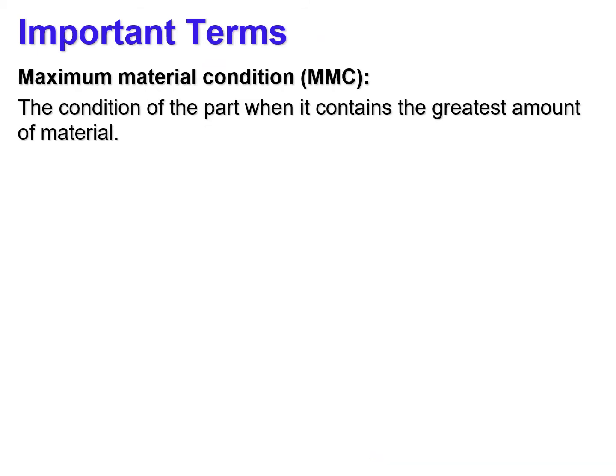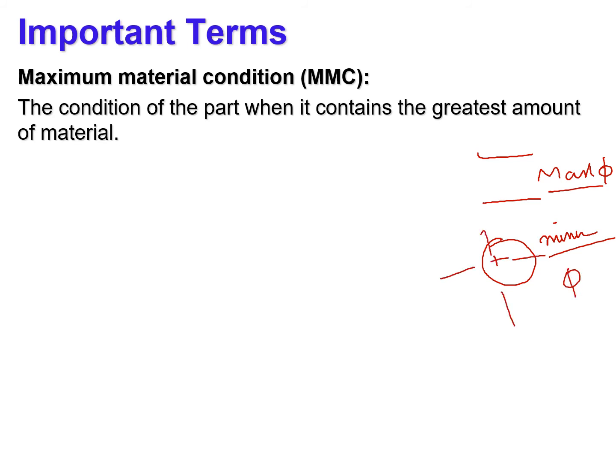Maximum material condition is the condition in which the material is maximum, and we discussed that for a shaft, that will be the maximum diameter of the shaft. In the case of a hole, it will be the minimum diameter. So this is the maximum material condition.